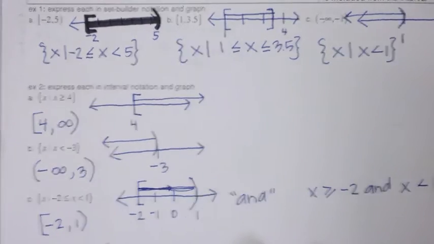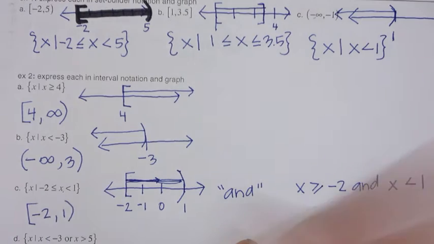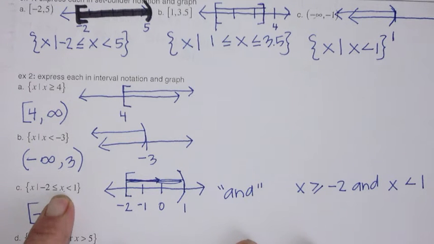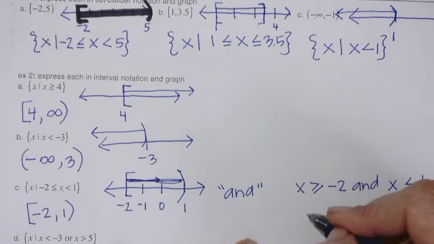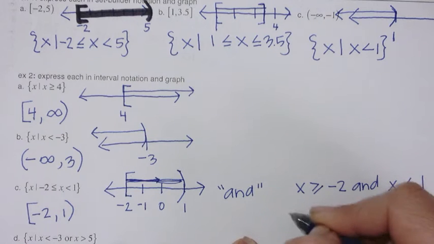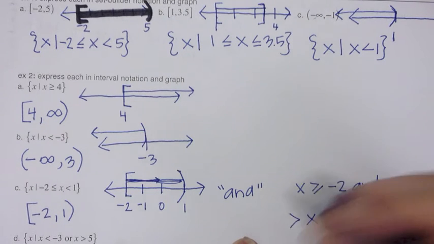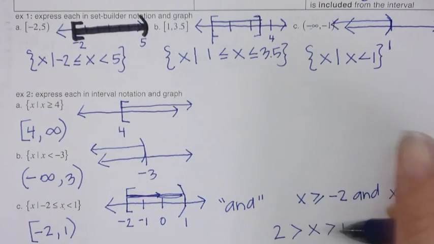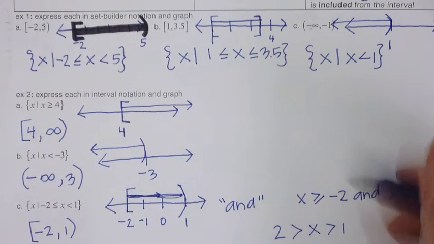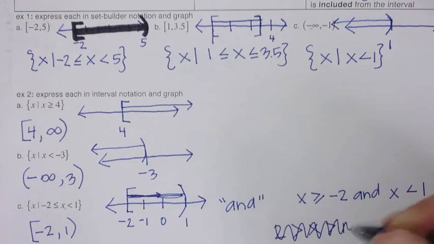Again, lazy mathematicians don't want to write that every single time, so they found a way to write it together. You can only write it together for ands, and they're always less thans. You'll never see something that's like this. Mathematicians won't ever have greater thans in a combined statement in a shorthand notation, so just be aware of that.